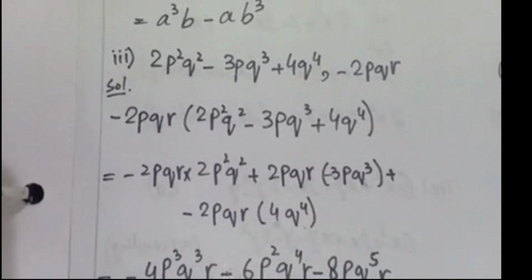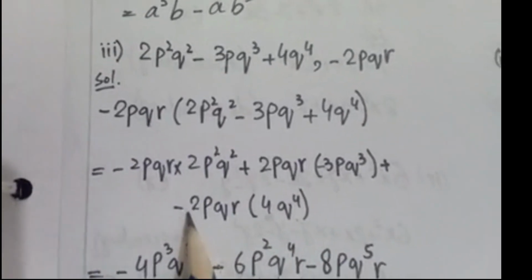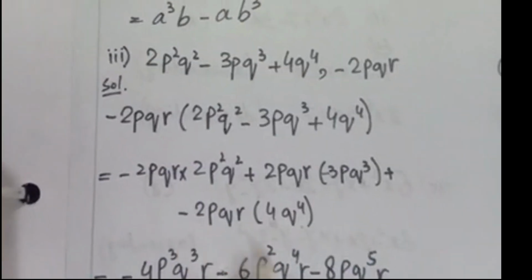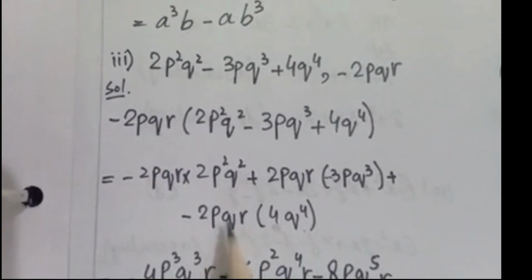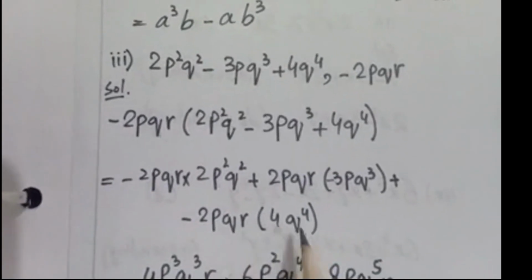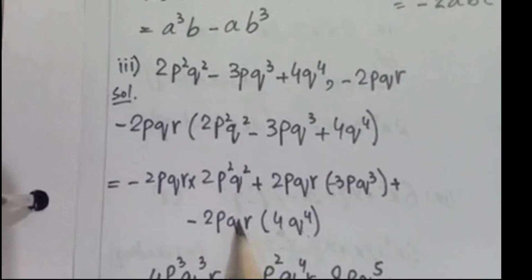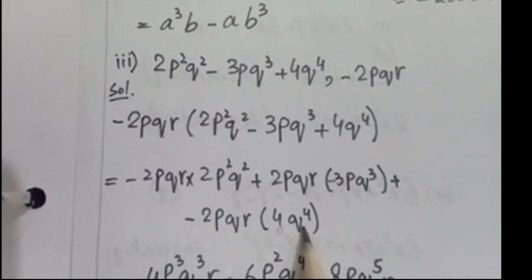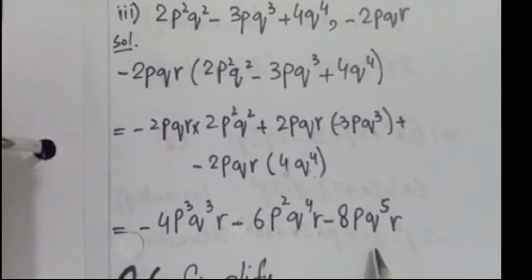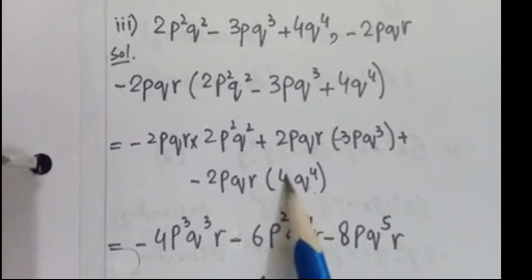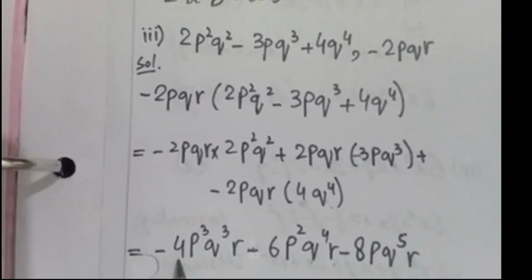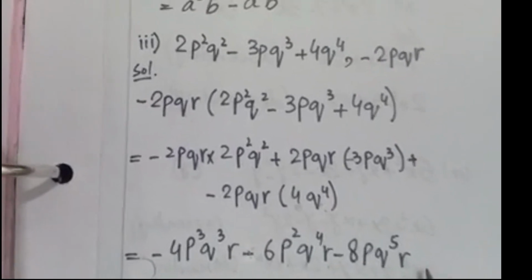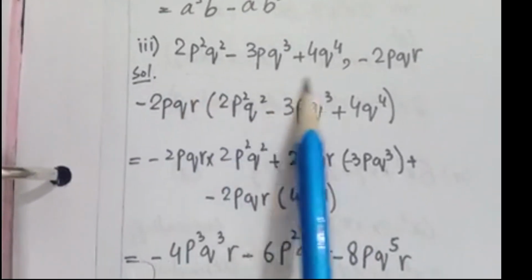And this R will be as it is. Minus, this plus minus will be minus. 4 2s are 8. P as it is. Q and Q raised to power 4: this is Q raised to power 1 and this is Q raised to power 4, so it will become Q raised to power 5. And R is the only single term. So this complete expression is the answer of these two multiplications.